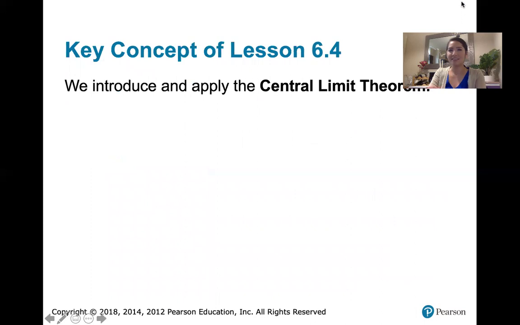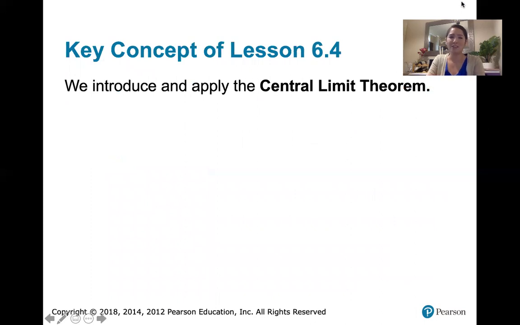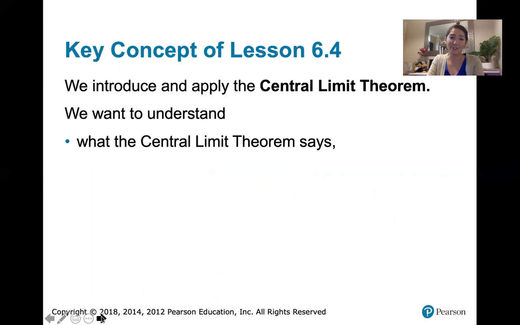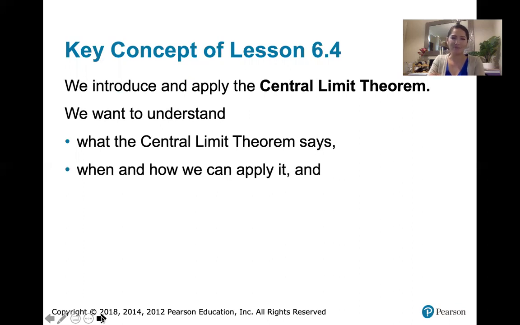So here's the key concept. Basically, we're going to introduce the central limit theorem, and we're going to apply the central limit theorem to solve problems. Specifically, we want to understand what the central limit theorem says and what it does not say. So we're going to focus on that in our first learning outcome. Then we want to know when the central limit theorem applies and how we can apply it.